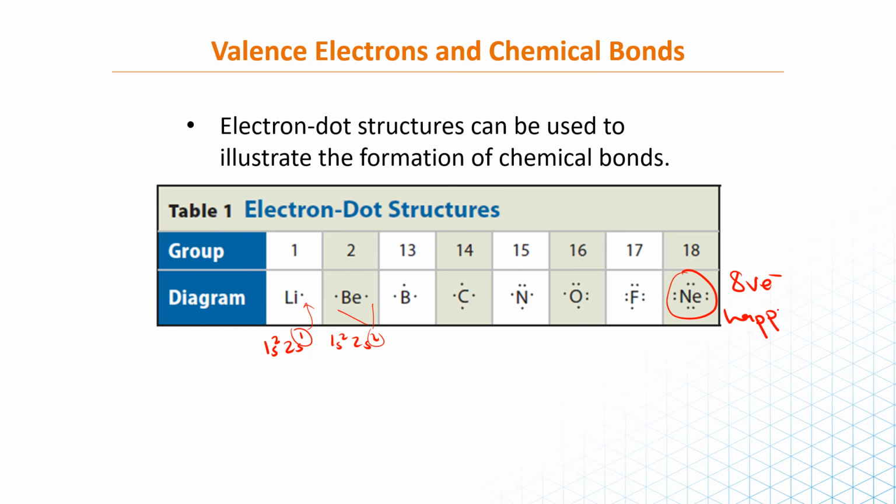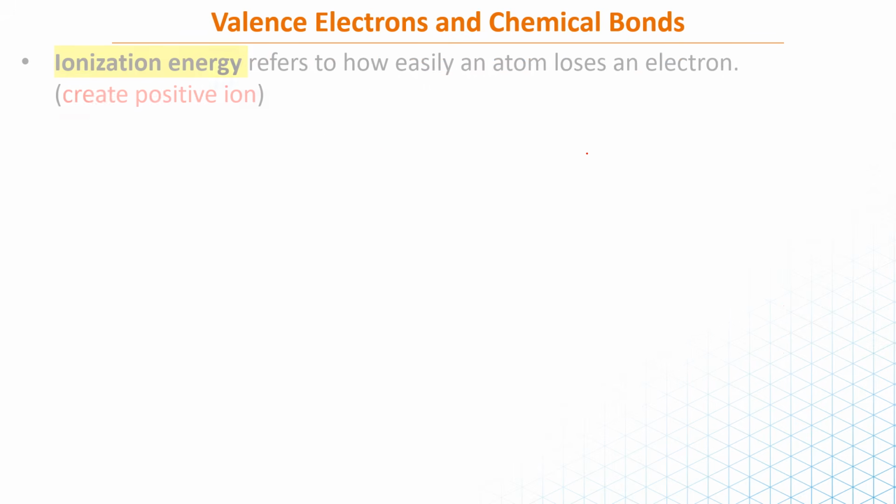Happy. Stable. Fluorine has 7 valence electrons, 8 valence electrons here, 5 valence electrons, 4 valence electrons. So these are not happy. Sorry, this is 6 valence electrons in oxygen. So how can they become happy? They need more electrons, and that's how they form chemical bonds.